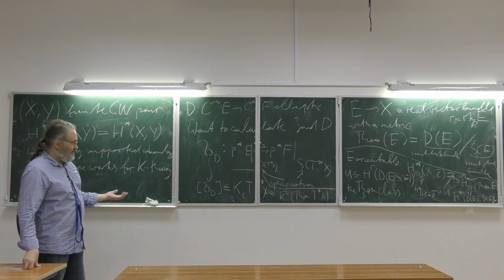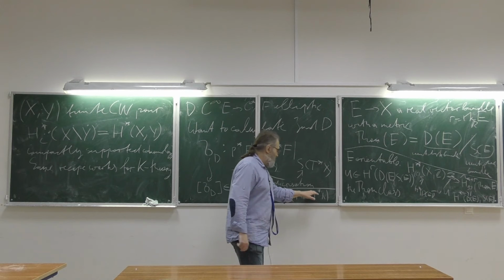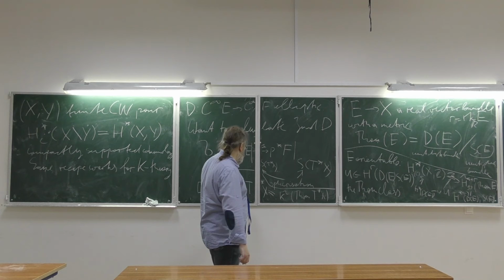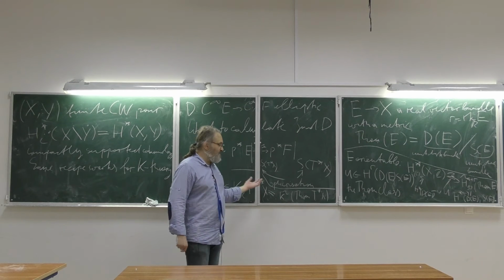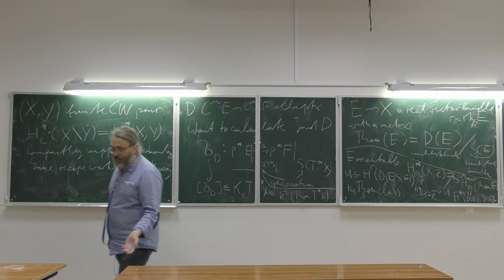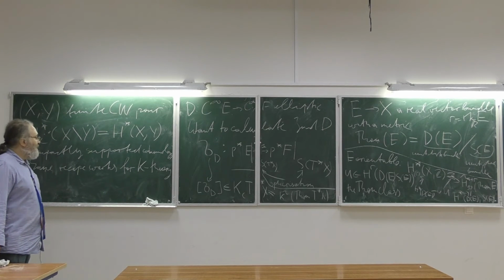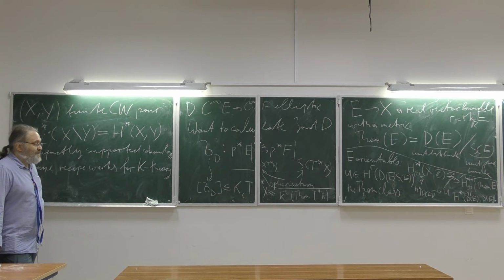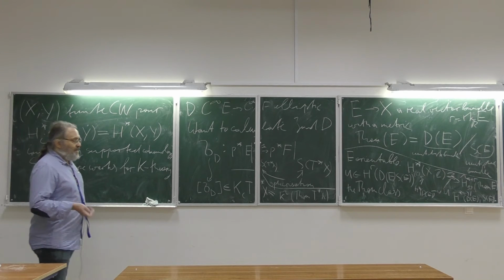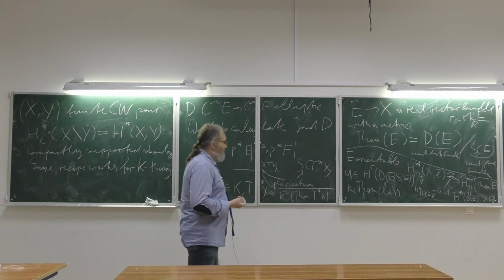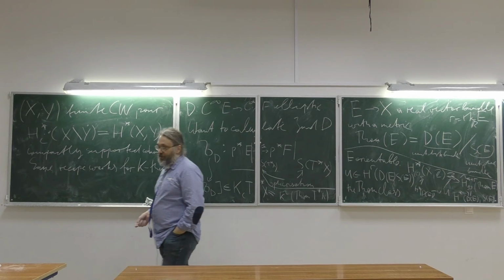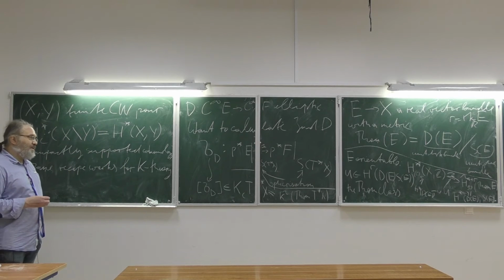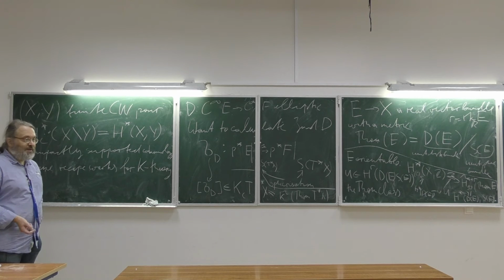Okay, so now we know what the Thom space is, and we know how to define K theory with compact support if we know how to define K theory. K theory is a sort of cohomology theory which is constructed using vector bundles.